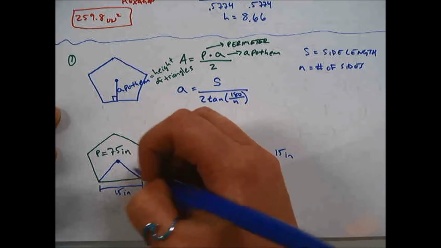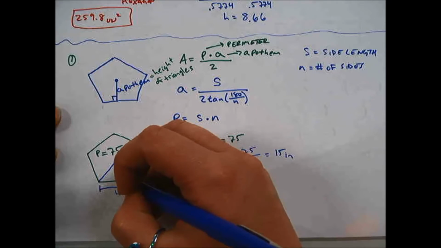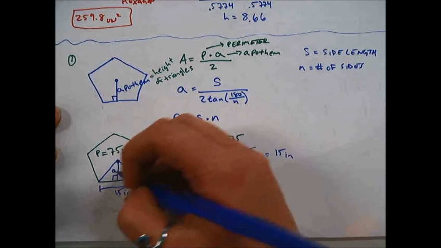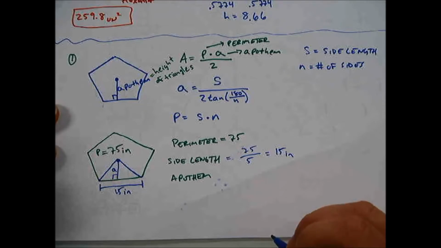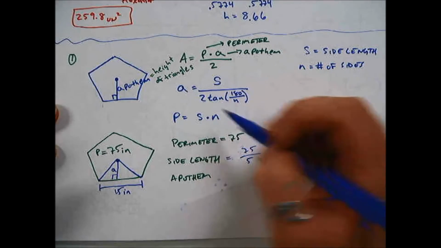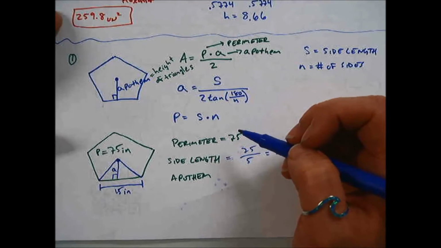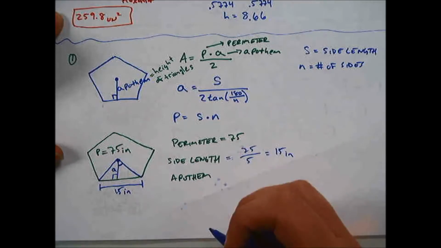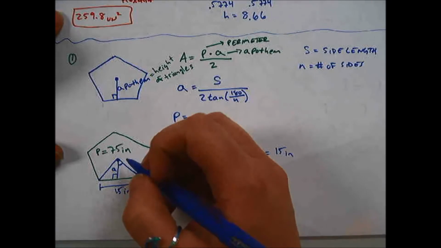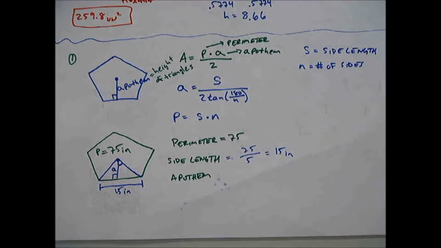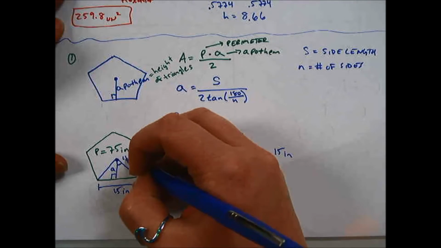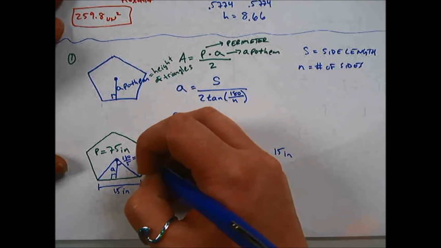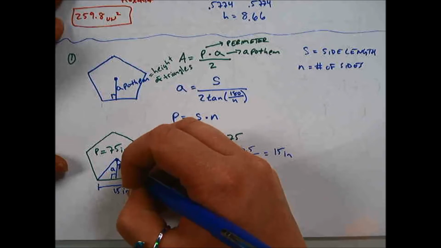Okay, and so then we need to find the apothem, which is just the height of this triangle right here. And we have our formula to find the apothem. We could also think of this angle right here as 180 divided by the number of sides. So in this case, 180 divided by 5, which is 36, for that angle.